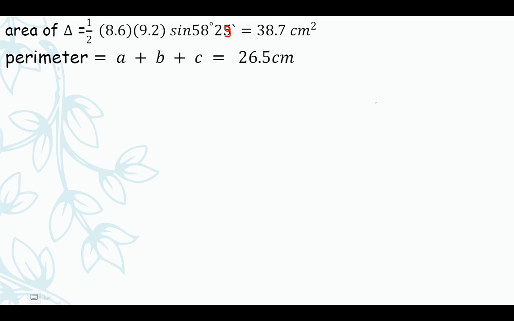It is required also to get the perimeter of the triangle. The perimeter is the sum of the three sides of the triangle, equals A plus B plus C, equals 26.5 centimeter.